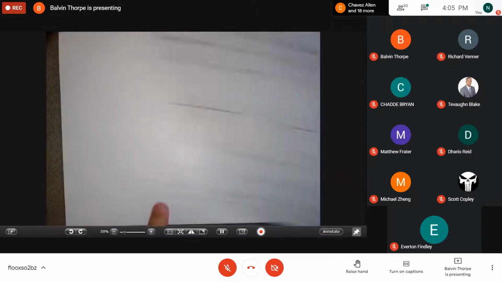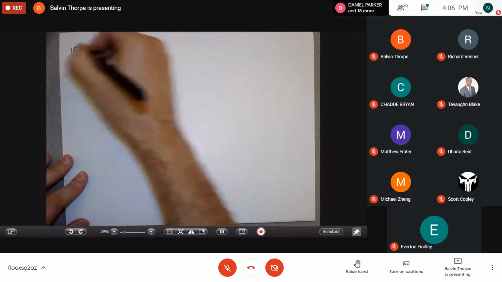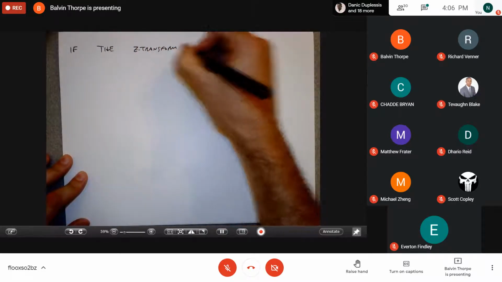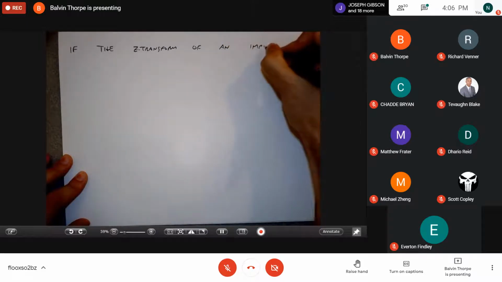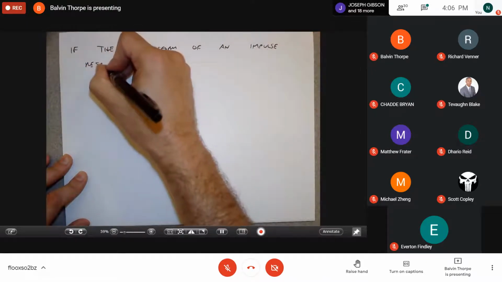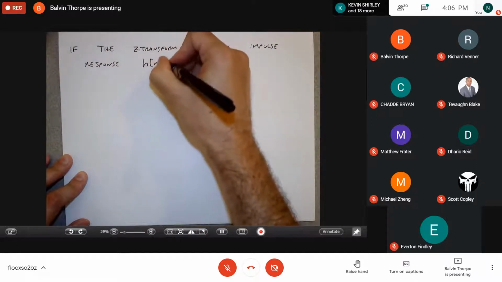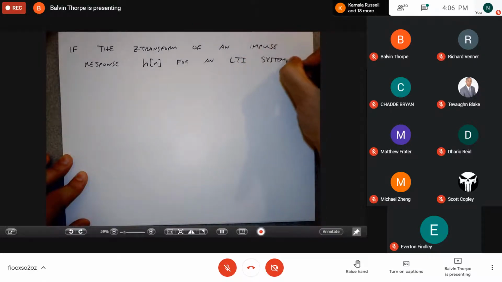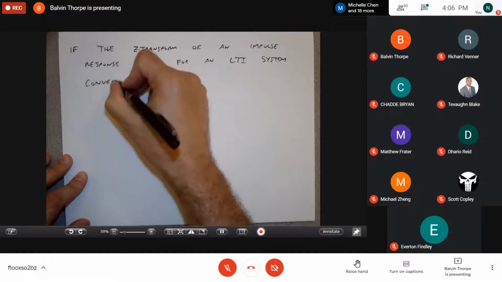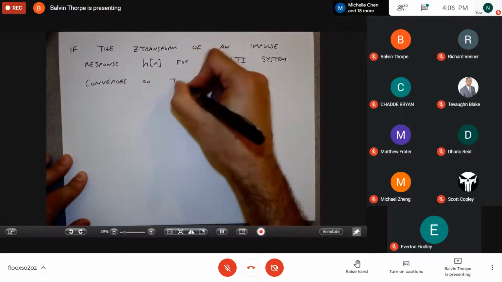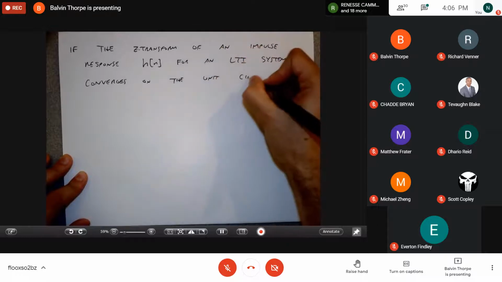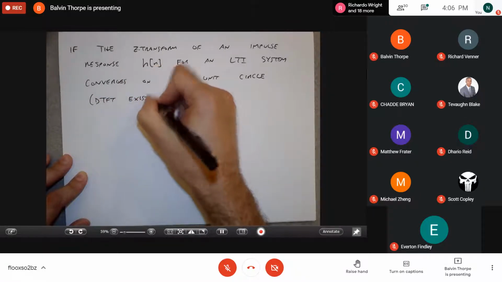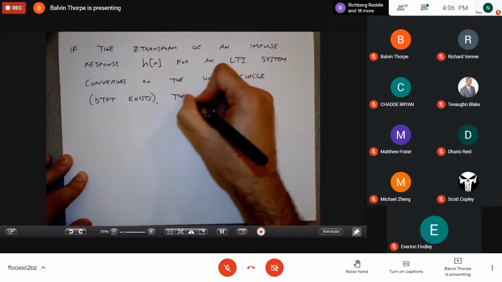So if the Z transform of an impulse response h of n for an LTI system converges on the unit circle, which is another way of saying that the DTFT exists, then the system is stable.